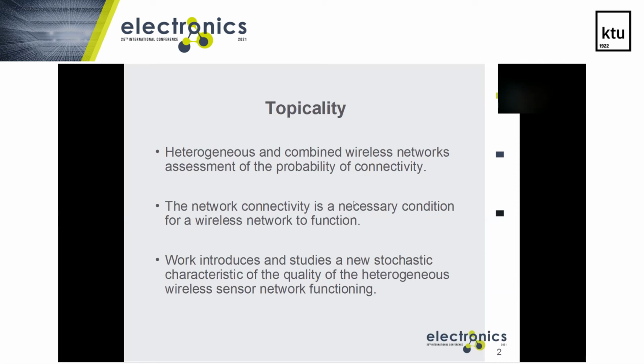For example, these networks are needed to read parameters like temperature, humidity, and pressure in building engineering systems, where the number of sensors is much more than, for example, 100, and it is necessary to transmit data over one channel.